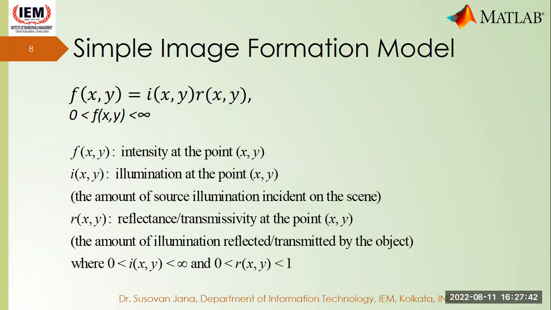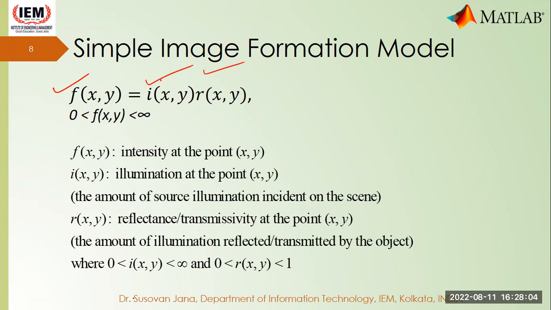Now we can see in that equation there are two components which are responsible for generating one pixel intensity: the illumination component and reflectance, or sometimes we say transmissivity. Both these components are responsible for the image intensity.